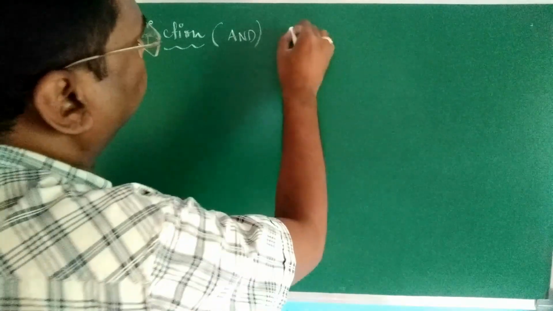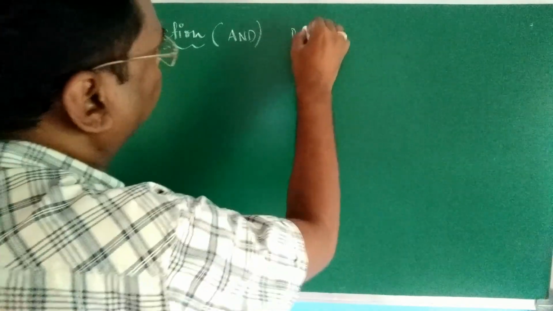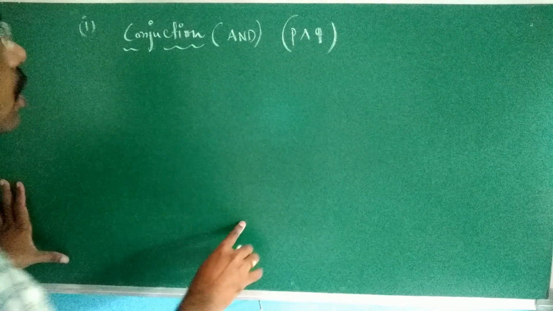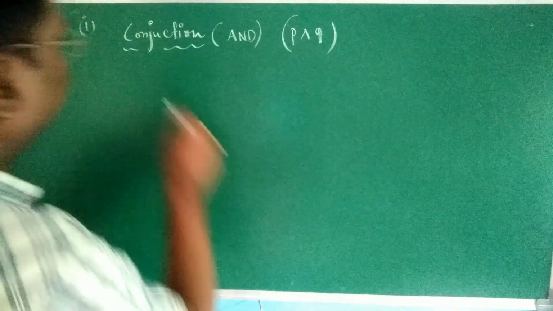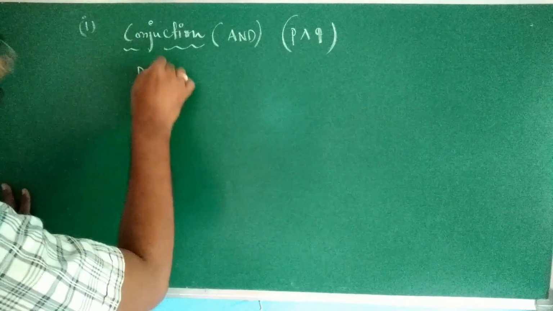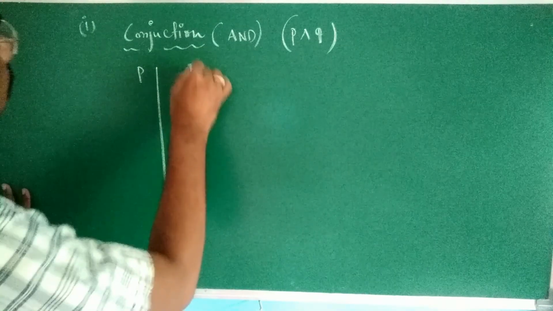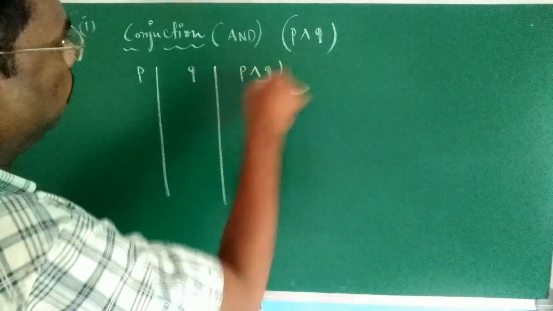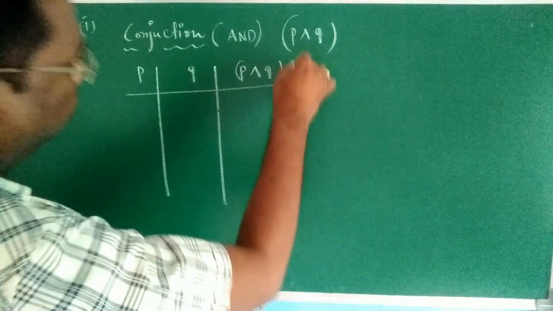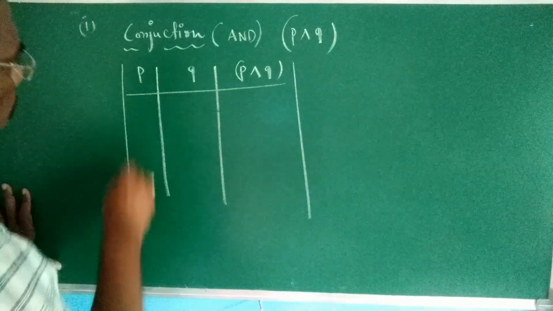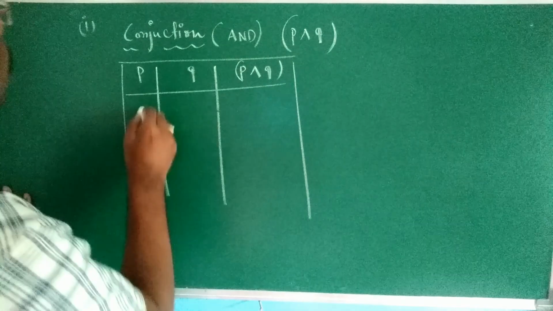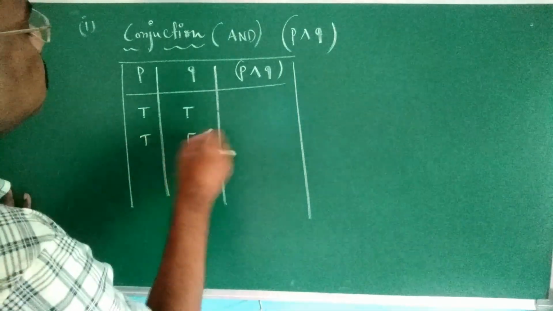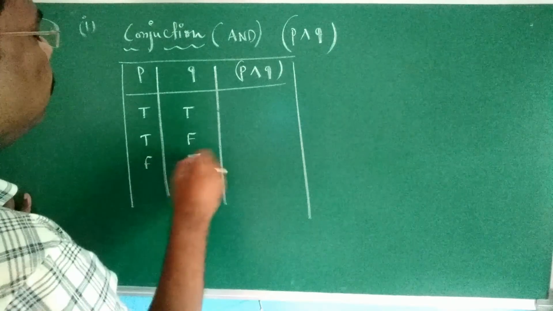Now the truth table for conjunction: P, Q, P and Q. The rows are true, true; true, false; false, true; false, false.